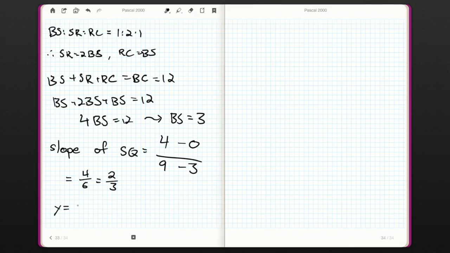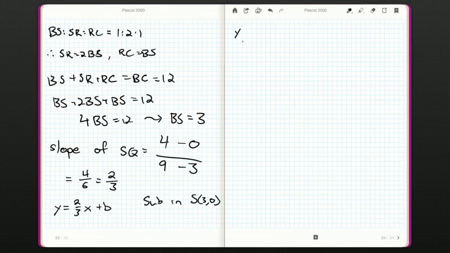So y equals 2/3 x plus b is the line. Let's sub in S being at 3, 0. So 0 is equal to 2/3 x, which is 3, plus b, which is 2 plus b. So b is equal to -2.